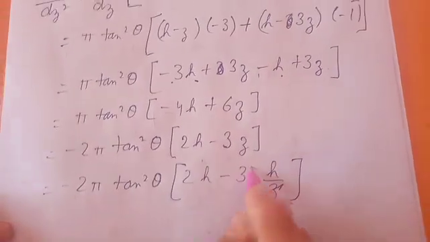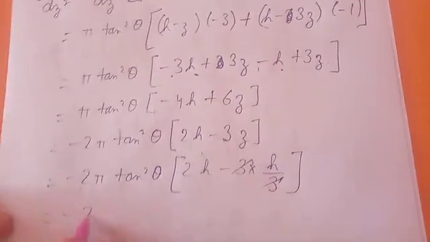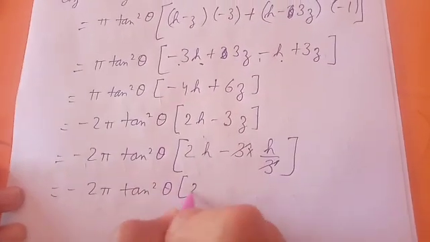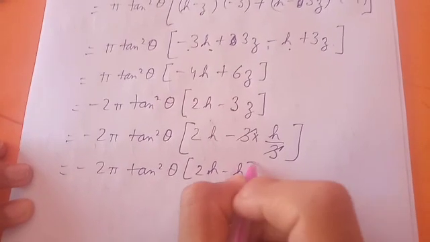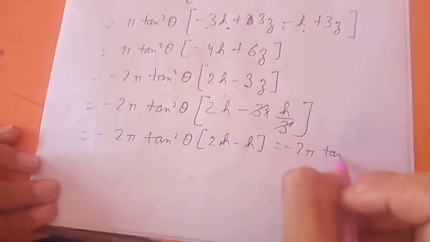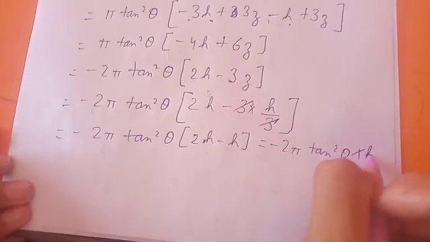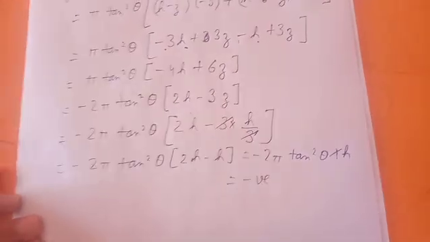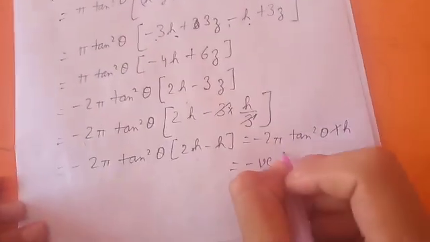Okay, this cancels this, so we get minus 2 pi tangent square theta (2h minus h). Now this becomes minus 2 pi tangent square theta into h, means this whole term is negative, and if it is negative, it is less than 0.